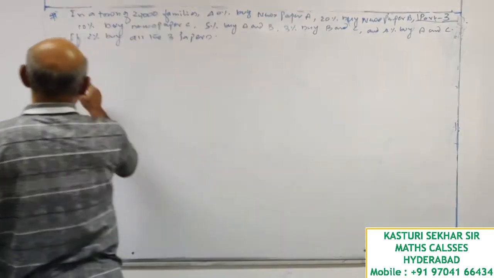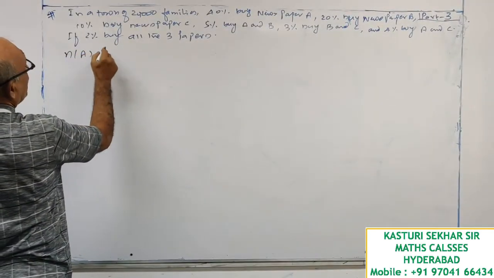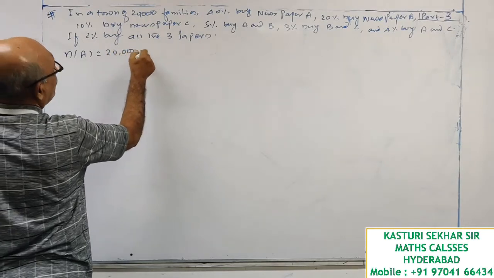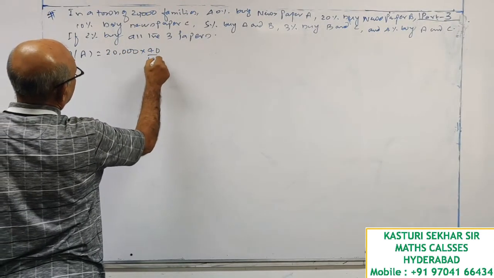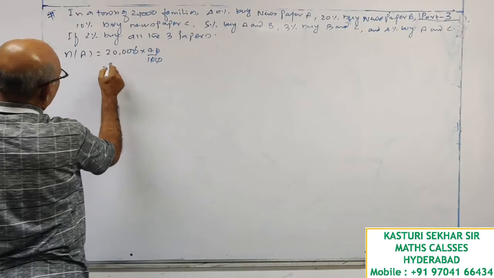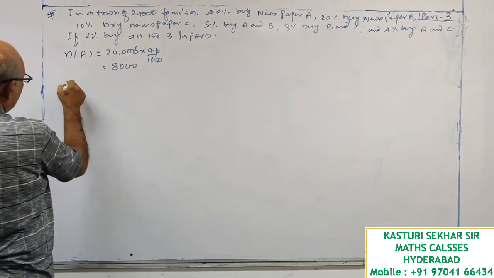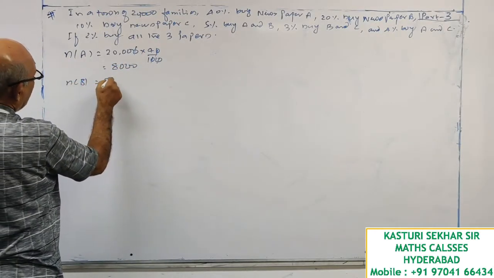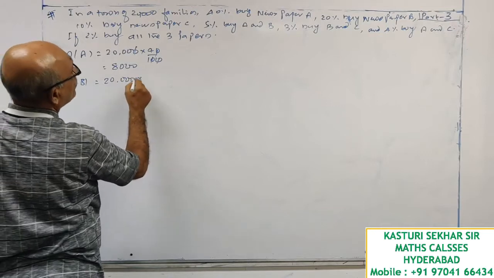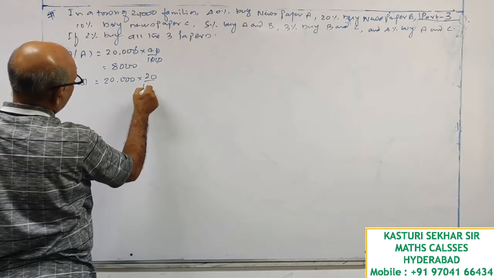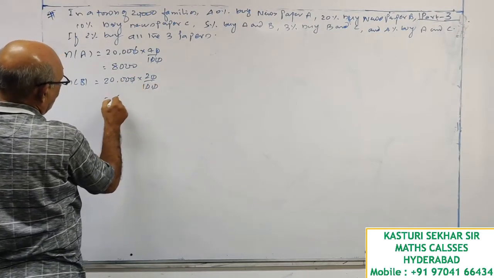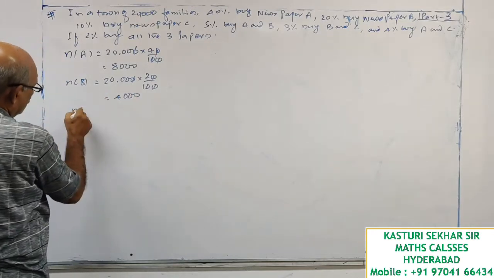Now look at this. N of A is 40% of 20,000, so this is equal to 8,000. N of B is 20,000 into 20%, 4,000.